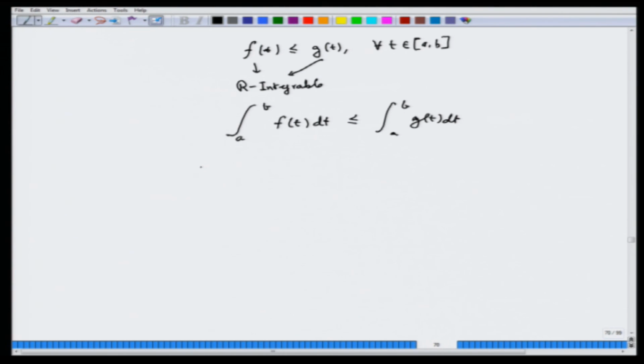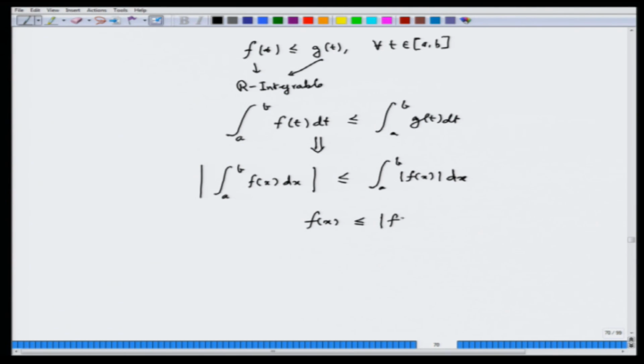And also you will have the following property, which is a consequence of this. This happens because f(x), whether it is plus or minus, is always less than or equal to the modulus of f(x).